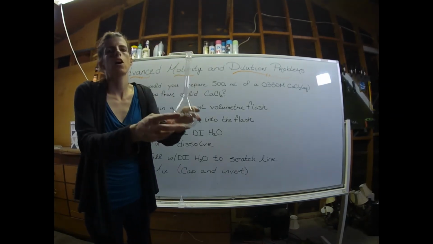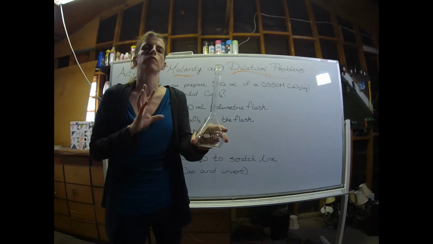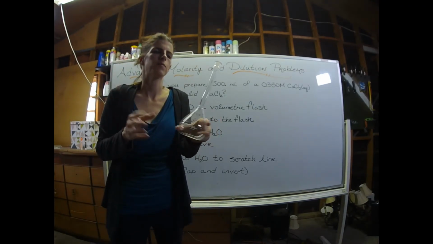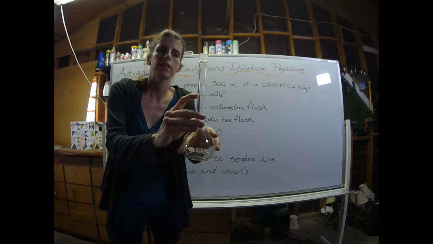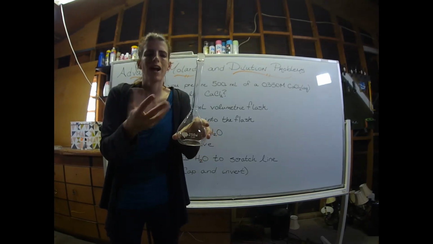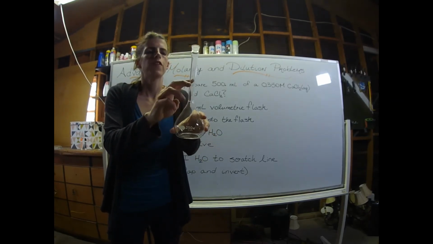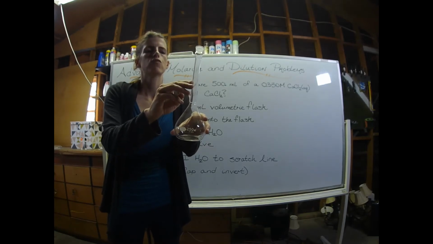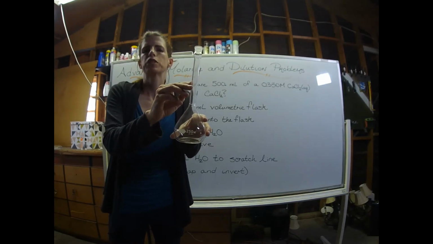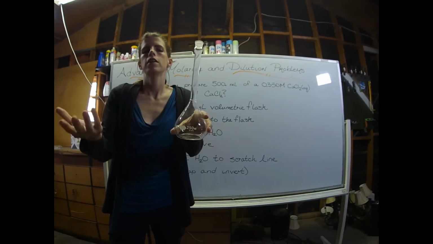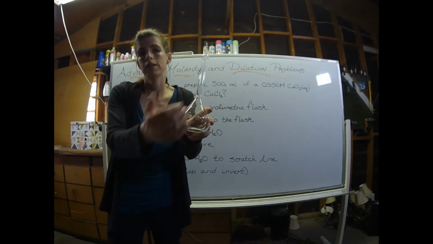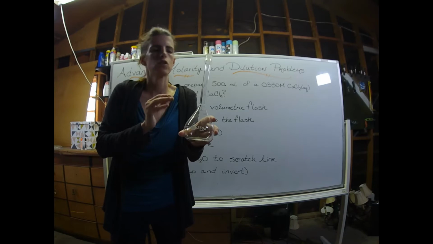This is a 250 milliliter volumetric flask that I have in my hand. And there's a little line at the top that's called the scratch line. And if I fill so that the meniscus is right on the top of that scratch line, then I can be assured that I have, in this case, exactly 250 milliliters.